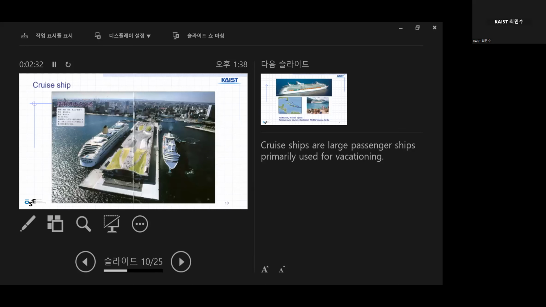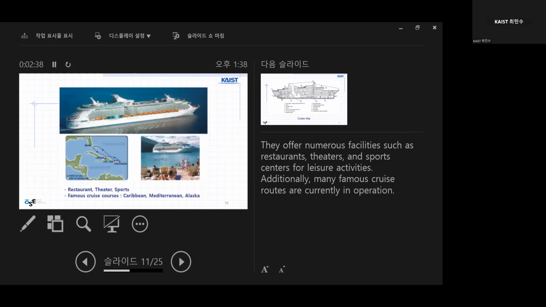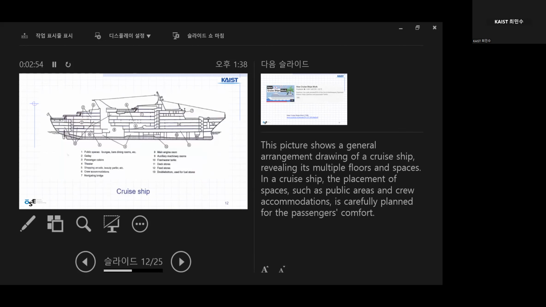Next, the cruise ships are large passenger ships primarily used for vacationing. They offer numerous facilities such as restaurants, theaters, and sports centers for leisure activities. Additionally, there are many famous cruise routes currently in operation, like the Caribbean, Alaska, and Mediterranean.